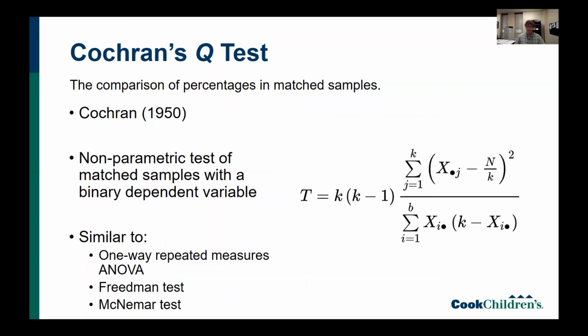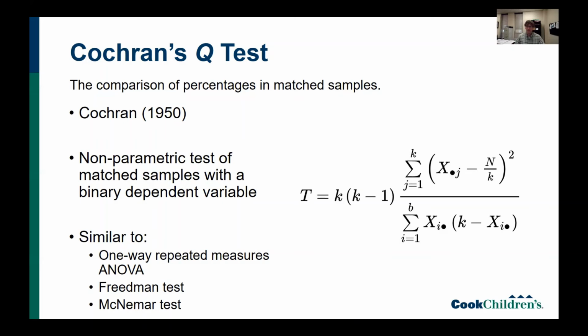That is either yes, a study is effective, or no, it's not effective. And applied to our case here, either yes, the child did respond under a certain condition, or no, they did not. It can be thought of as analogous to a one-way repeated measures ANOVA, except that rather than using a normal distribution, we're using the chi-squared distribution.